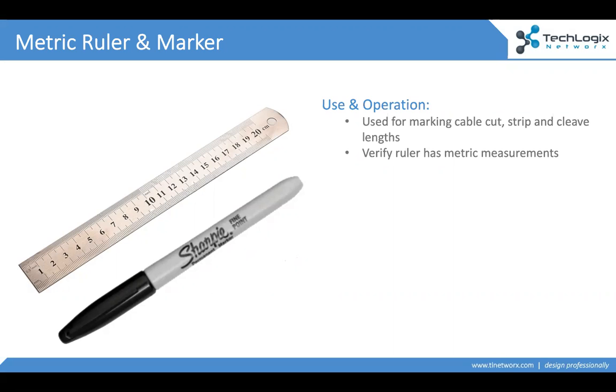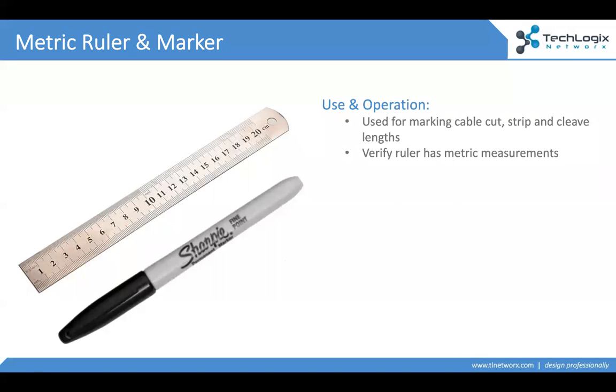And for that reason, your toolkit should also include a ruler and a marker, because depending on the types of connectors that you'll get into, you may need to do some measurement and some marking. And in the fiber world, we use the metric system. You've got to make sure that ruler has metric measurements on it. This is going to allow us to take that cable and actually measure the jacket length.